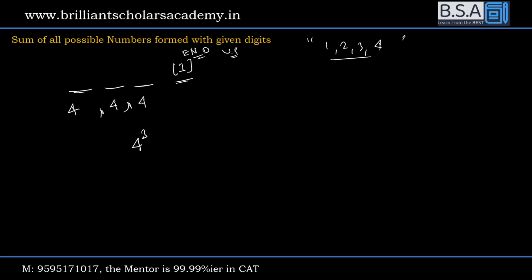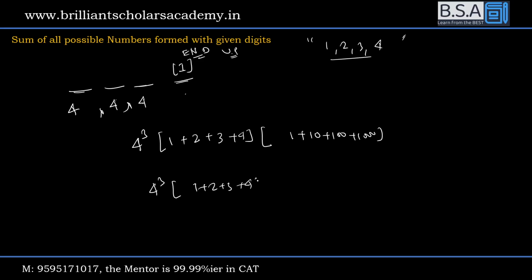There are 4 cube numbers ending with 1. So there will be 4 cube numbers ending with 2, 4 cube numbers will end with 3, 4 cube numbers will end with 4. And then by ones place, tens place, hundreds place, thousands place. So 4 cube into sum of numbers, into 1 1 1 1.